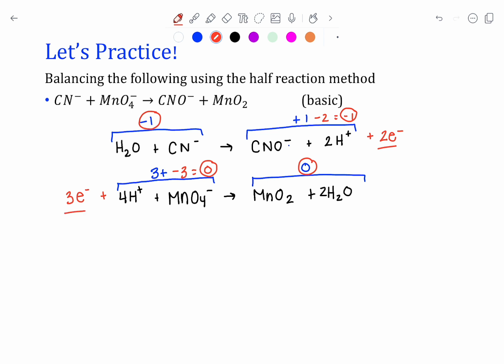So we need to multiply both of these equations, okay? Each equation can be multiplied by an individual number. They don't need to be the same number, okay? We need to multiply those so that the number of electrons is equal. So our first equation, we're going to want to multiply by 3 in order to get 6 electrons. And our second equation, we're going to multiply by 2 in order to get 6 electrons.